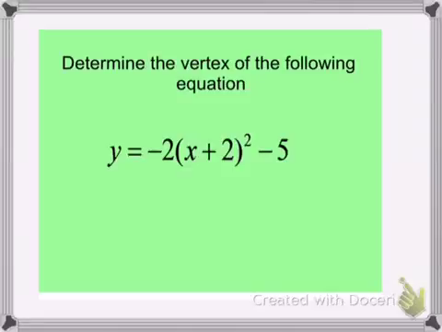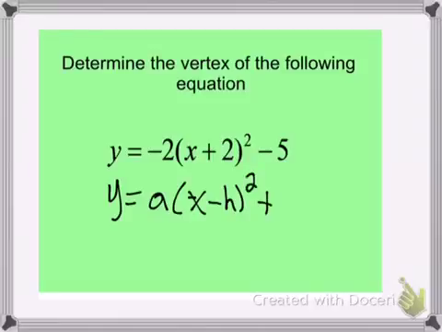Next one, determine the vertex of the following equation. You got 2 and negative 5. So right here, we know the equation for vertex, y equals a(x minus h) squared plus k. And we know that h and k is our vertex.